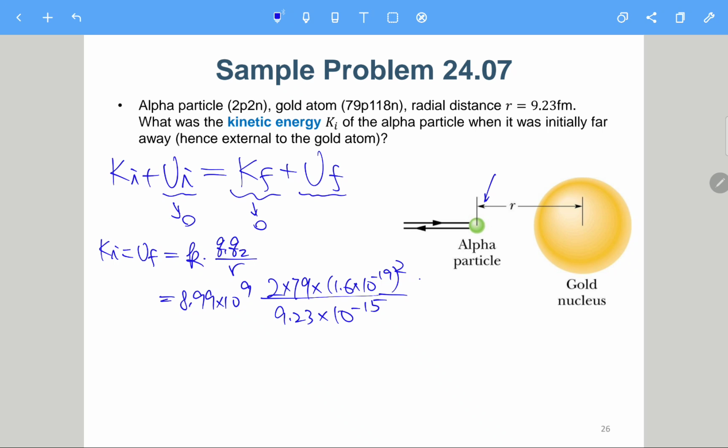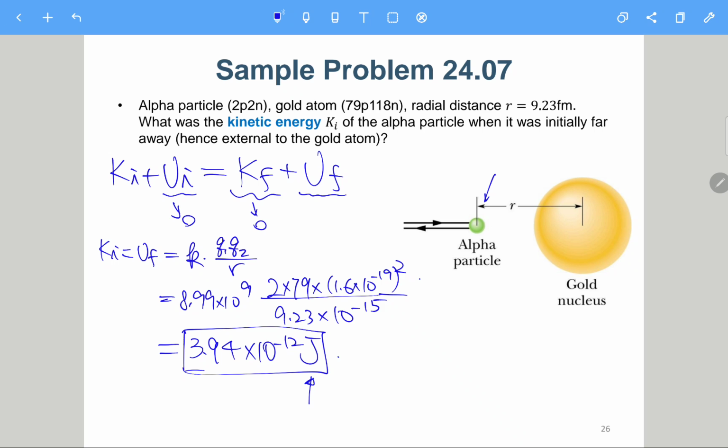Femtometer is 10 to minus 15 meter. So actually it is 3.94 times 10 to minus 12 joule. So this could be a form of the answer because we use the joule as the SI unit.